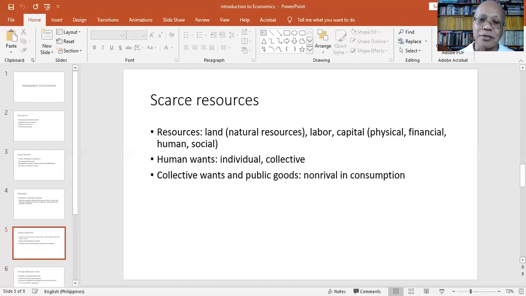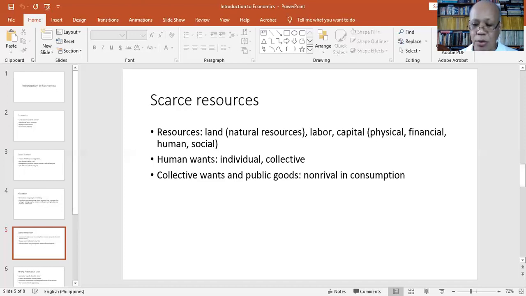Or the wants of some individuals may be fulfilled, those of others may be fulfilled less, or perhaps will be fulfilled much later on. So choices have to be made, and in making these choices, there will always be many people who might be adversely affected by a choice that one has made.